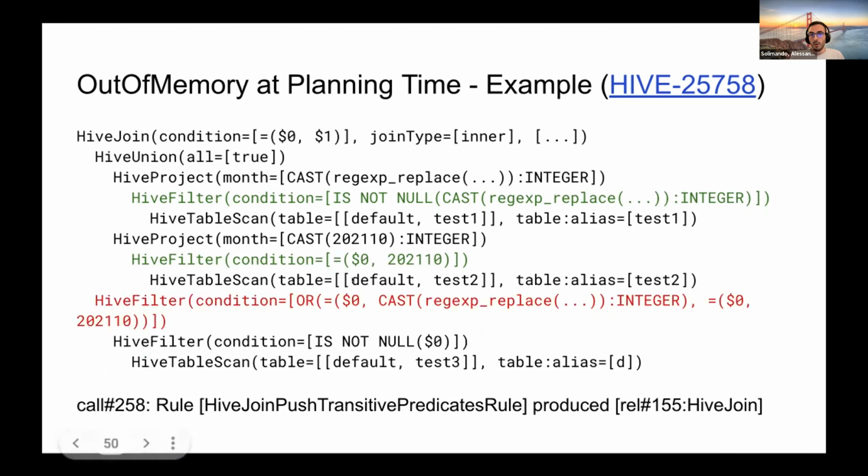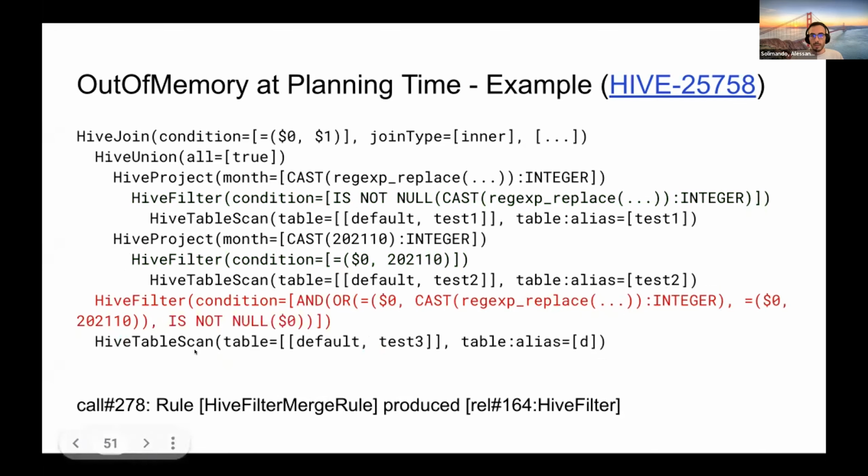Given that there is a union all, the two filters are stitched together with an OR, with the disjunction. So this new predicate is pushed to the right-hand side of the query, and at this point, since we have a filter on top of a filter, the HIVE filter merge rule will combine them with a conjunction.